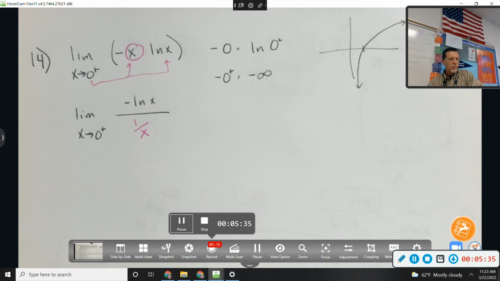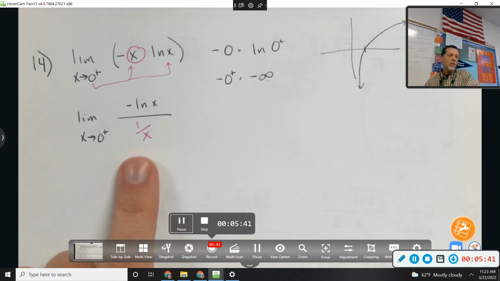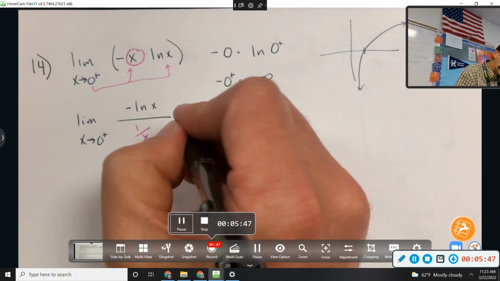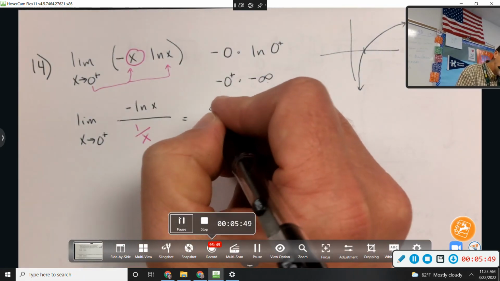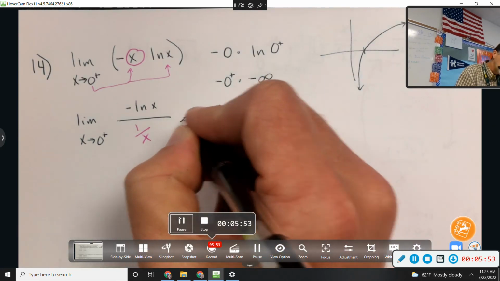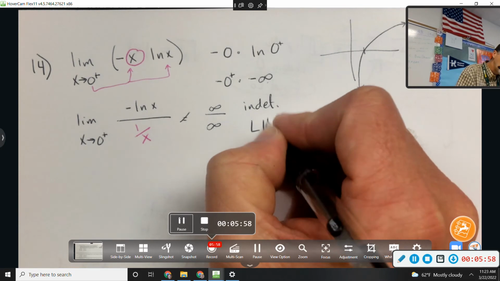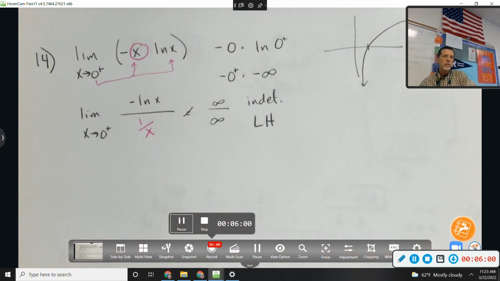Except that when we write it like that, now it's going to put it into one of those indeterminate forms. So this is one of those math tricks. It's like, well, why would you ever make this more complicated? Except that now we have infinity over infinity. That's indeterminate. Therefore, let's try L'Hopital's rule.